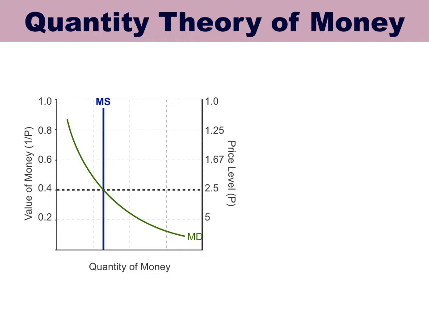What this is showing us when it comes to the money demand is that as the price level increases, so we're moving down along the right side of the axis, people will demand to hold more money. So the quantity of money demanded will increase. Why?